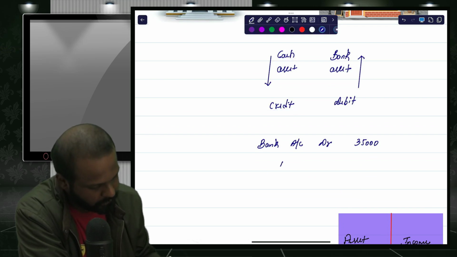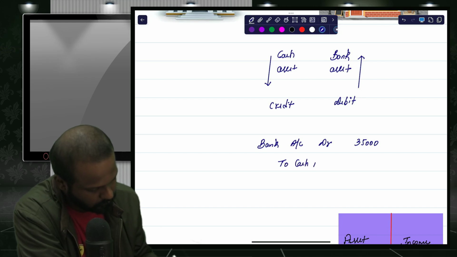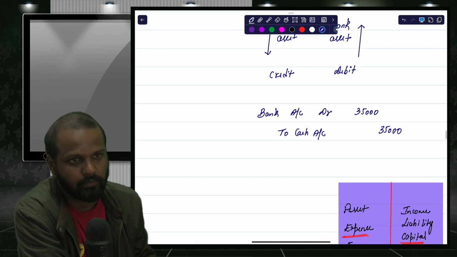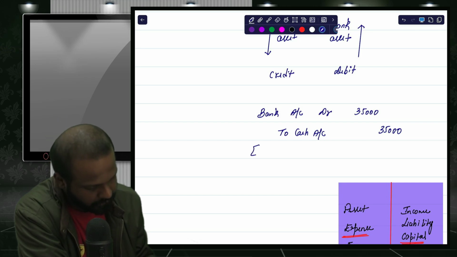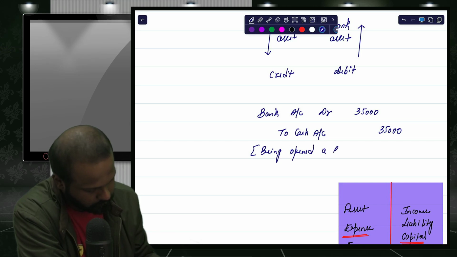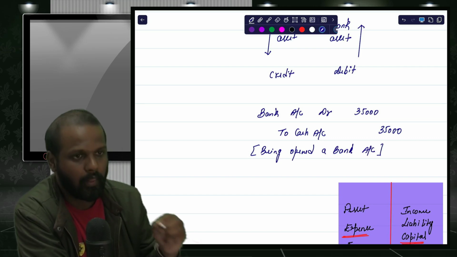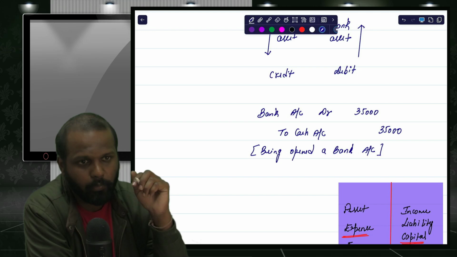So to cash account, 35,000. So narration will be: being opened a bank account.